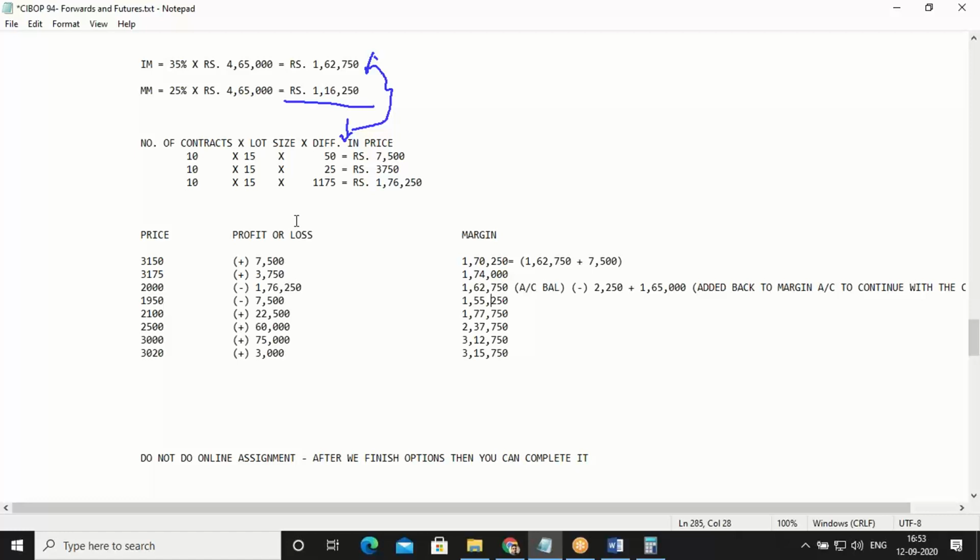And you are right, it doesn't make sense to keep putting in the margin, because if you keep putting in the margin, you're going to lose more and more money, right? So the idea, and it comes more from a trading perspective, is that you need to know how much you want to risk, how much you want to lose and how much money you want to make. So if you have hit your target of saying that I want to make X amount of money, you should exit the contract. Essentially, that's what you have to do.